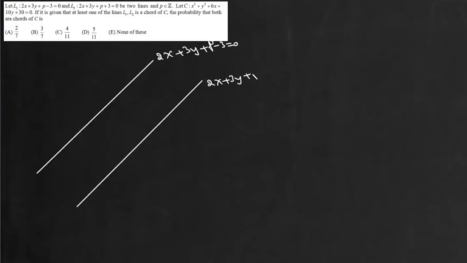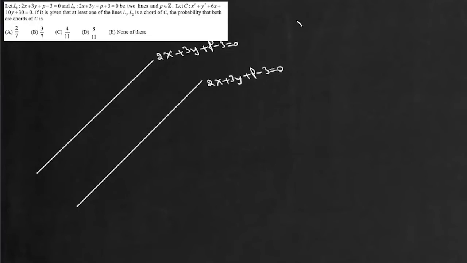Now here is the question. We are given 2 lines L1 and L2 and they are parallel to each other. So we have 2 lines. One of the lines is 2x plus 3y plus p minus 3 equals 0 and the other one is 2x plus 3y plus p plus 3 equals 0.